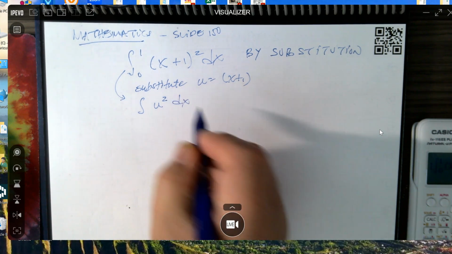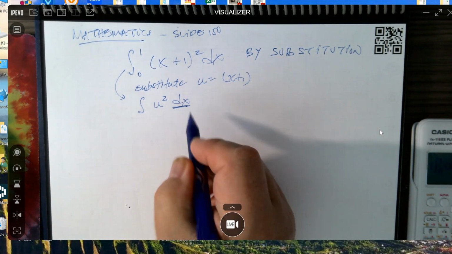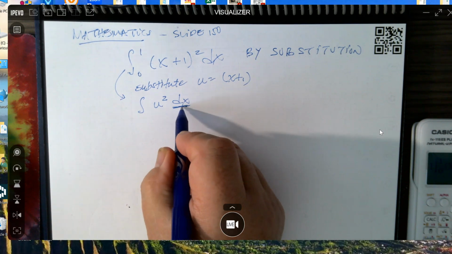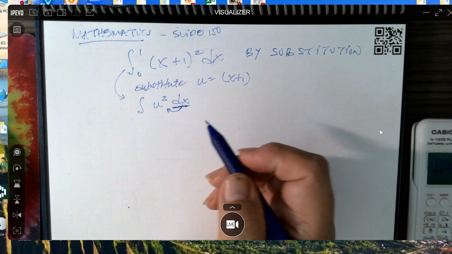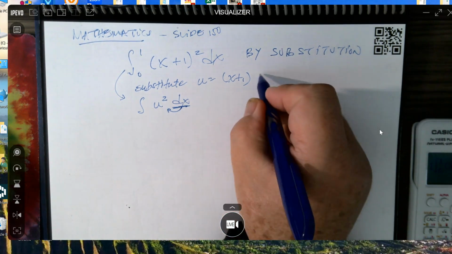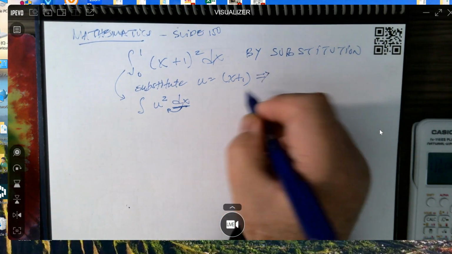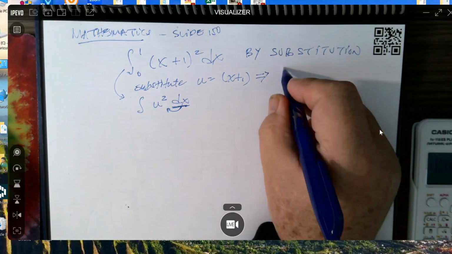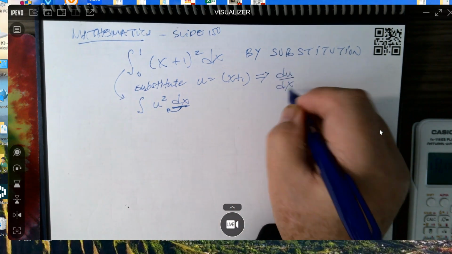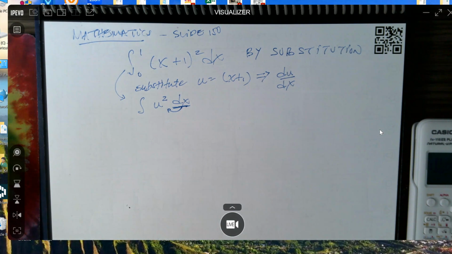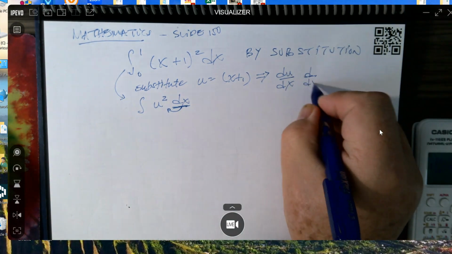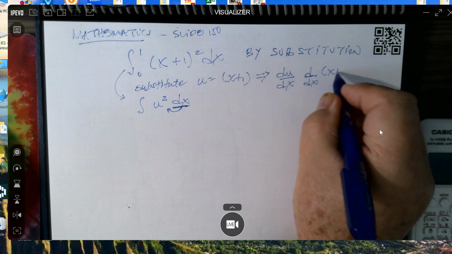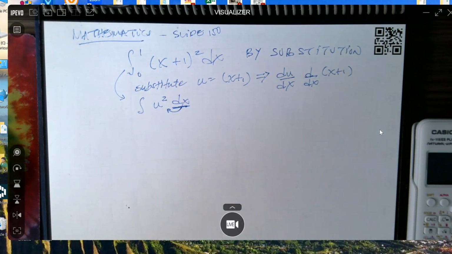Okay, so I need to make that into something that has to do with u. Because u is equal to x plus 1, I can do du dx. Take the derivative of u with respect to x.